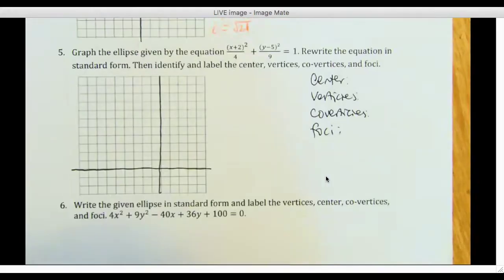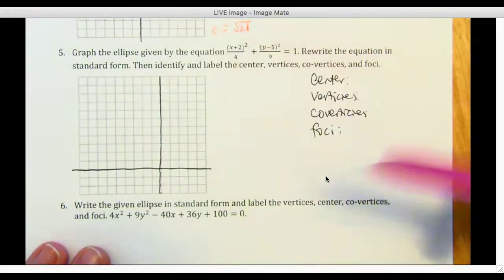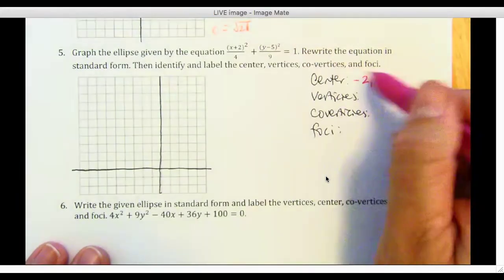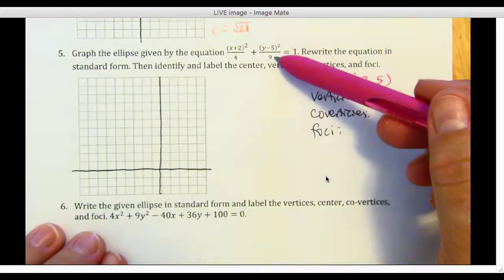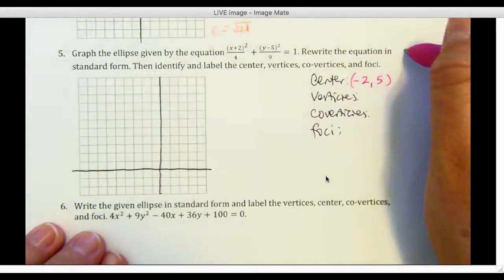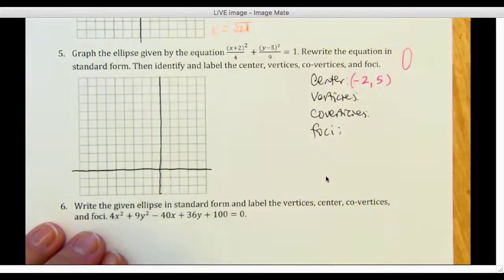So the next one, when we look at the equation, we can see that the center is not at the origin. Looking at the equation, my h is negative 2 and my k is 5. So negative 2, 5 is my center. And I can tell this is going to be a vertical ellipse because the larger number is underneath the y.